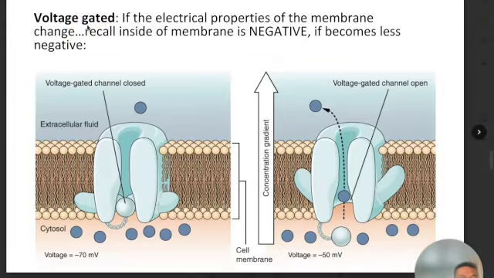If the electrical property of the membrane changes, remember the inside is negative, it becomes less negative if things start coming in. So this is that voltage gated. It will open for potassium to leave that we saw earlier.